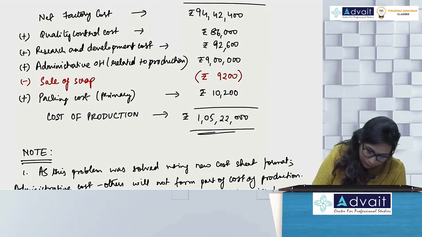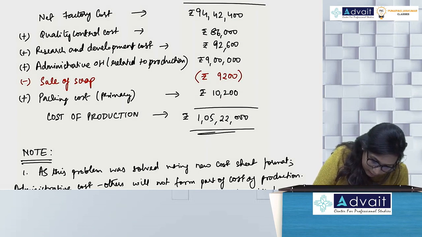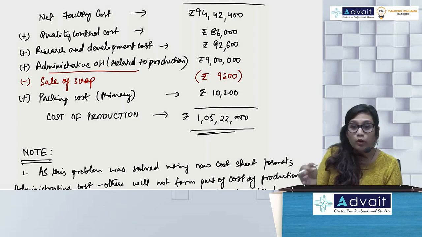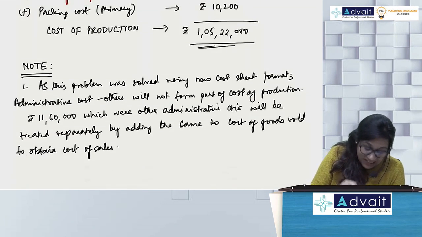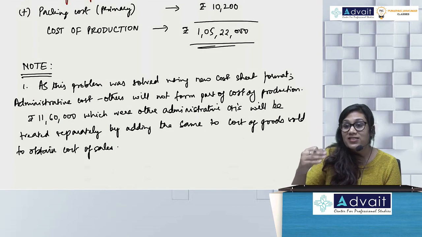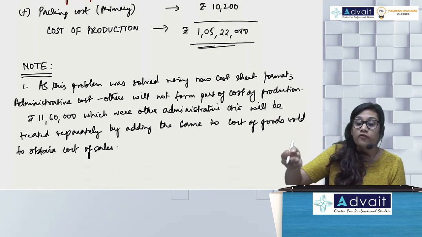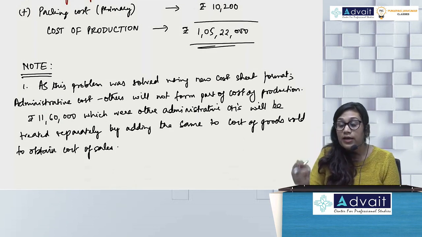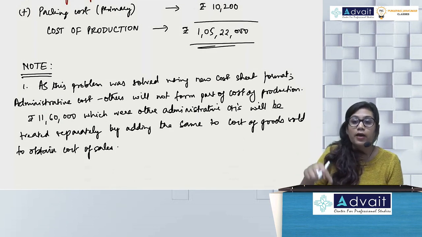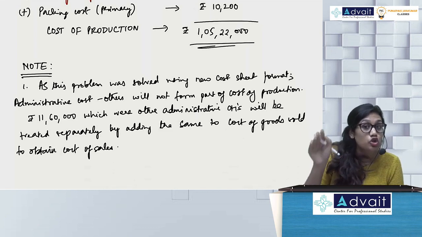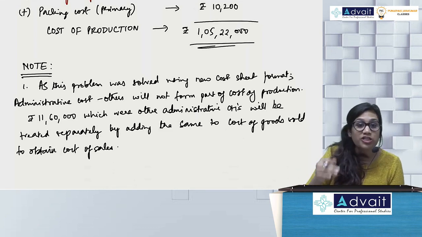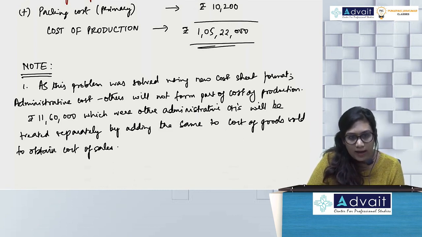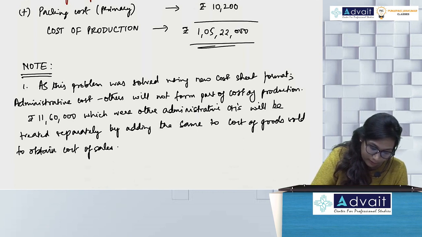So this cost that you have added here will get divided by the total number of units produced. But this cost, which is others, which is added to your cost of goods sold to give your cost of sales, there when you are calculating cost per unit, that cost will be divided by your sales units, guys, not production units. तो cost sheet का आंसर ही अलग आ जाता है. Guys, is it okay? So this is a very, very important adjustment.